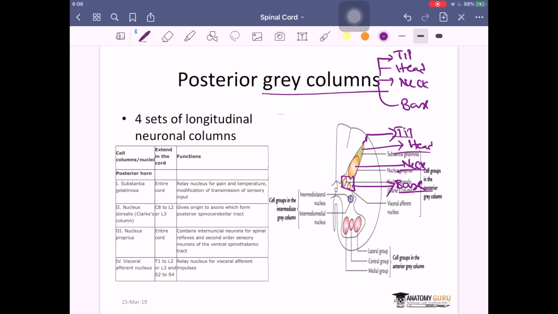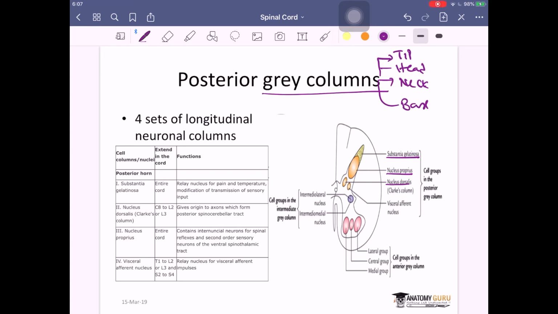So these are the parts of your posterior gray column, and in each part a different set of nuclei is present. These nuclei are colored here in this picture, and you can see the names. You have the substantia gelatinosa in the tip, and the nucleus proprius is present in the head. The nucleus proprius occupies both head and neck, because it is quite a big nucleus.